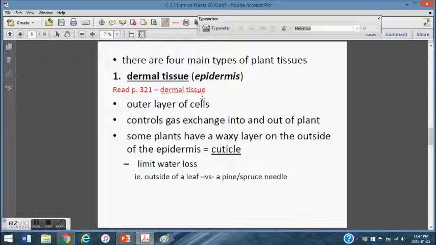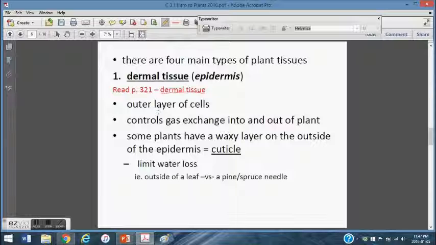So what is dermal tissue? Well, it's the outer layer of cells. It controls gas exchange into and out of the plant. That's one of its functions. Some plants have a waxy layer on the outside of the epidermis, and it's called the cuticle. The purpose of this cuticle is it helps to limit water loss. Different types of leaves will have different amounts of cuticle.